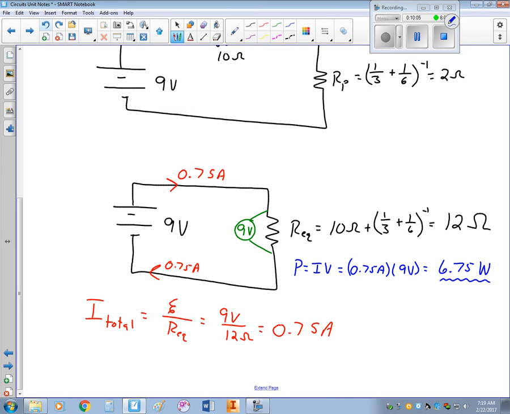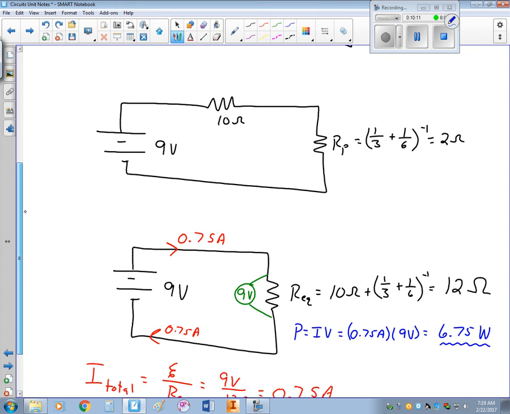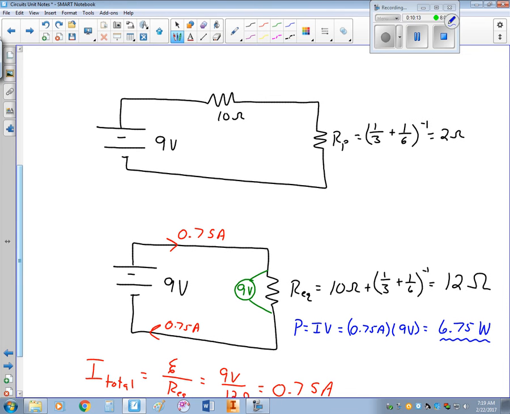Okay, now that we've got that settled, let's start working our way backwards here. So for this one, remember we have 0.75 amps leaving the battery. Because of conservation of charge, I better have 0.75 amps returning to the battery.